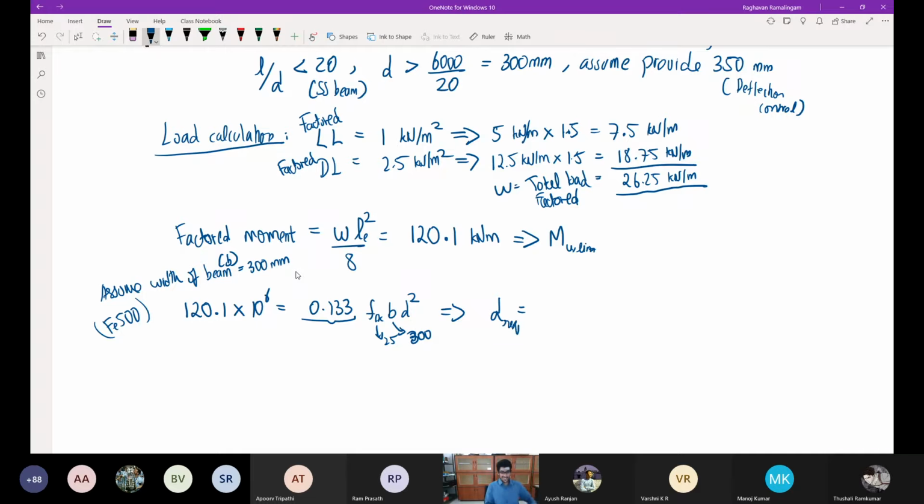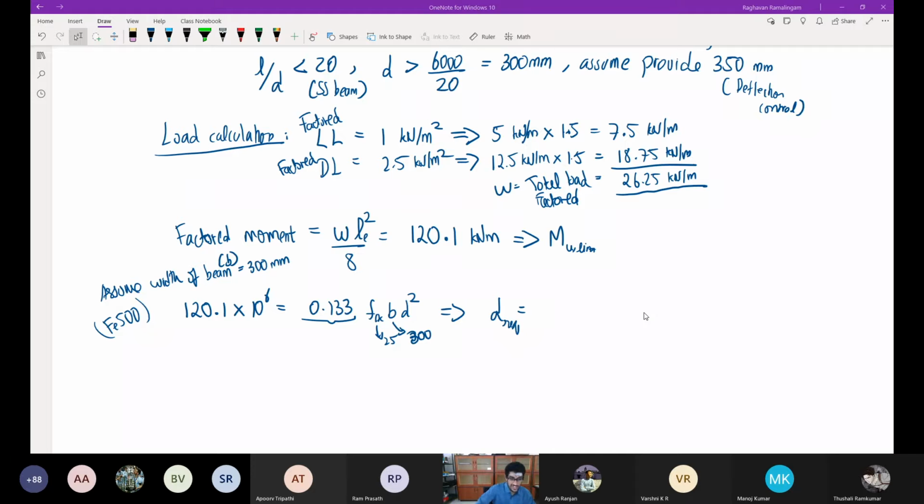So from this you can just tell me what you will get for d required. How much is the required effective depth?